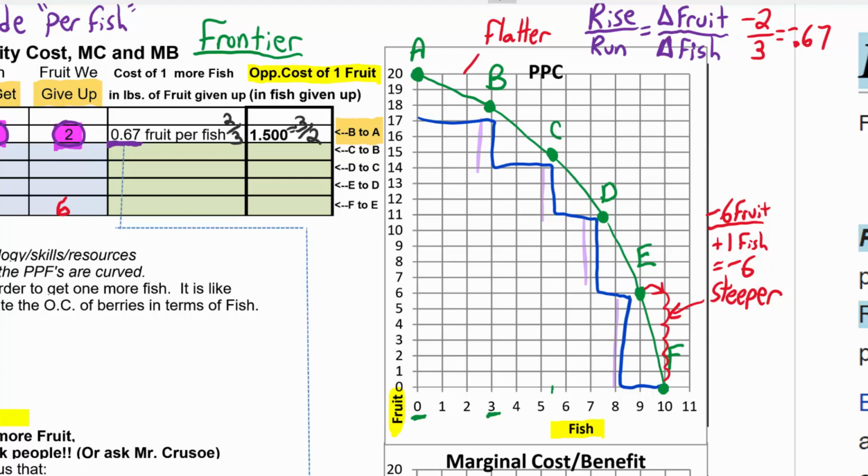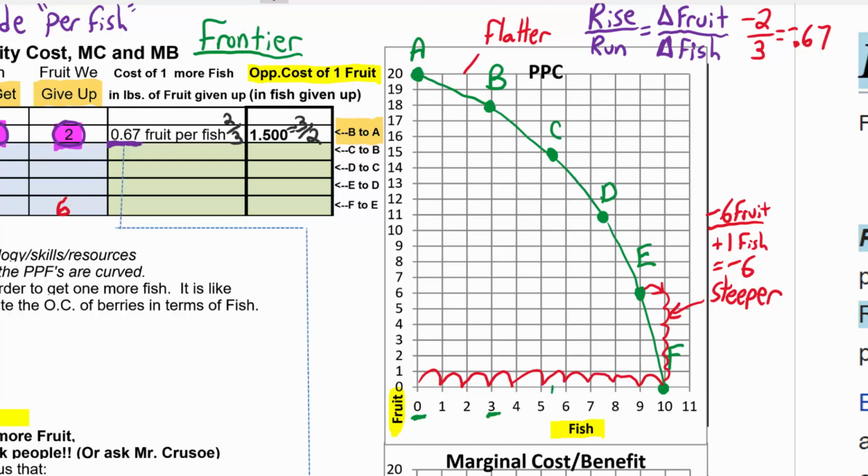So the slope of this production possibilities curve tells us the opportunity cost of each one of these additional fish that we're getting down here on the x-axis.